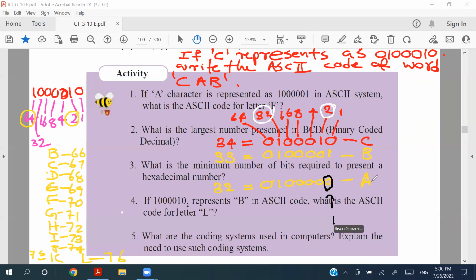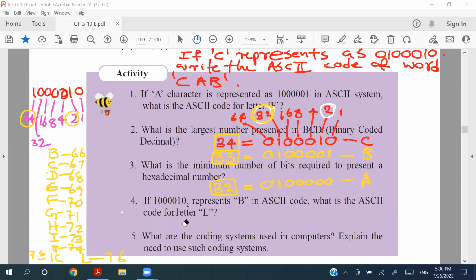Yeah, Rison, if it is 1, you are going to have 33. Because C is 34, Rison. 33 represents like this, and 32 needs only a 1 on the 32 position and all other places are zeros. So what's going to be the answer?